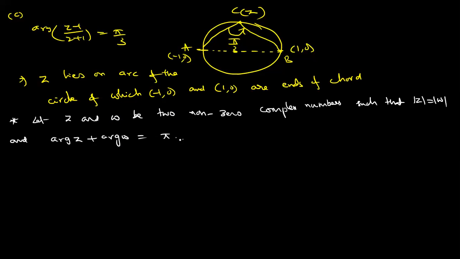For example, like that. Then what is the value of Z? Is it A omega, B minus omega, C omega bar, D minus omega bar?